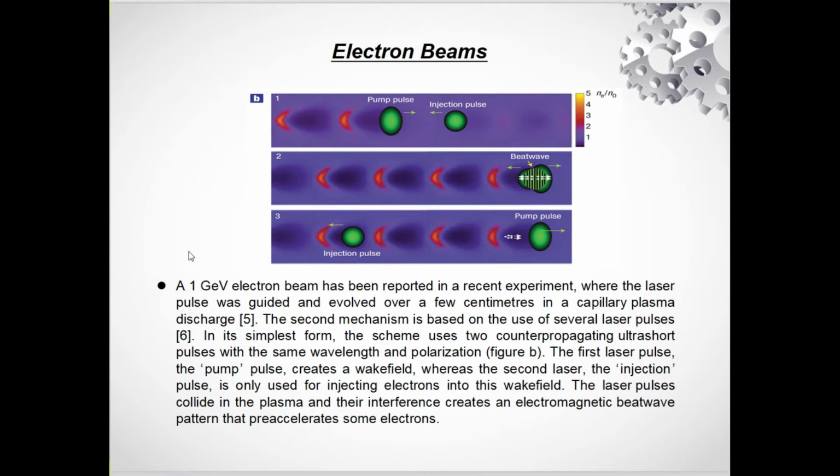Here, for figure B, a 1 GeV electron beam has been reported in a recent experiment where the laser pulse was guided and evolved over a few centimeters in a capillary plasma discharge.